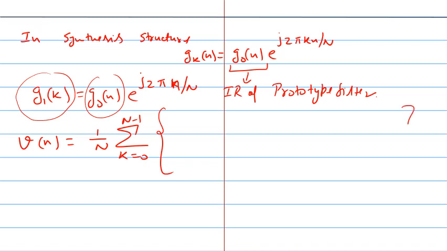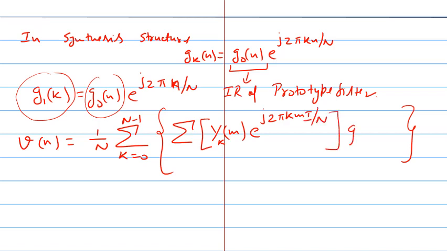Then within this we have a summation over m of ykm exponential of j 2 pi kmd by capital N times gk(n minus mI), and here you assume that I is equal to d always. So that's the thing.